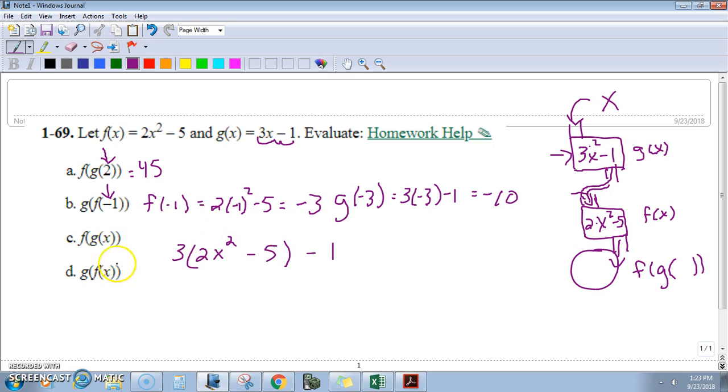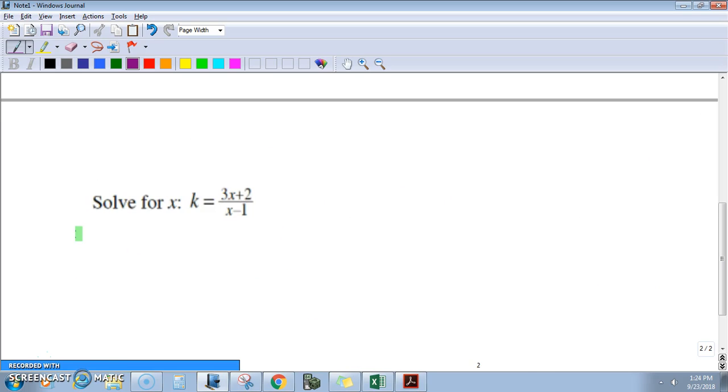Now, this is a lot easier to simplify, this g of f of x. Since the whole binomial is not being squared, I can just distribute my 3, and I'm going to need to do that before I subtract that 1 on the end, and then you get 6x squared minus 16.